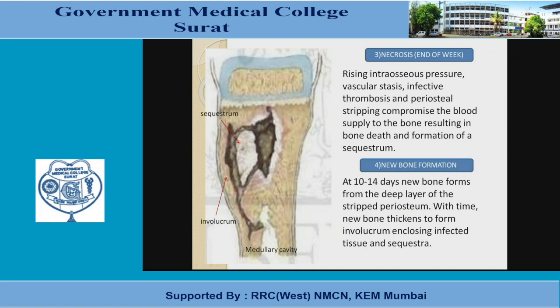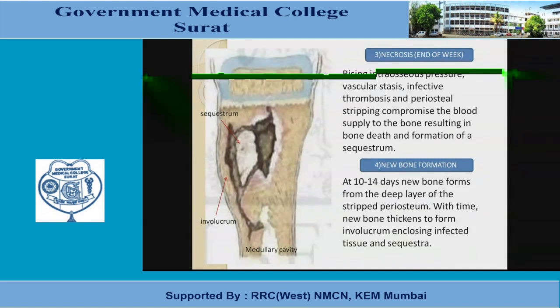Then the next stage appears, new bone formation. At 10 to 14 days, the end of the second week, new bone forms from the deep layer of the periosteum, because the periosteum has two layers, an outer fibrous and an inner cambium layer. The inner layer is highly vascular and contains osteogenic cells.